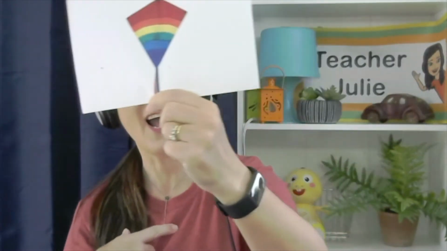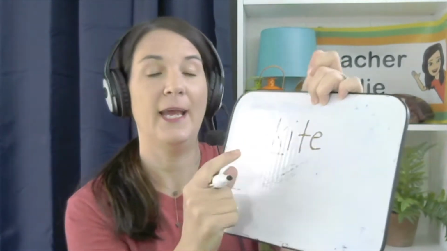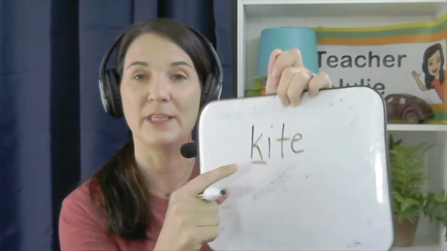I fly my kite. Circle the word kite, the orange word in the sentence, so they're seeing that, identifying with the kite. You might even write it on your whiteboard. Kite, and underline K so they can see that kite begins with a K.